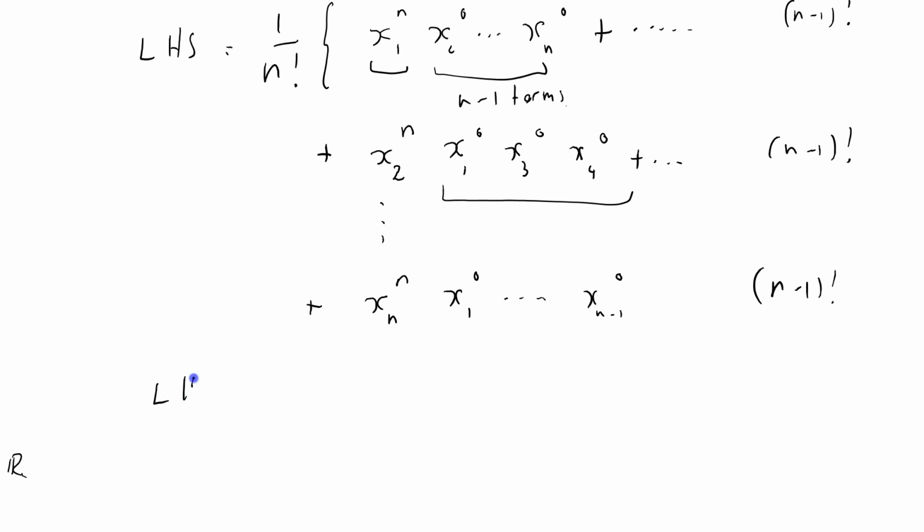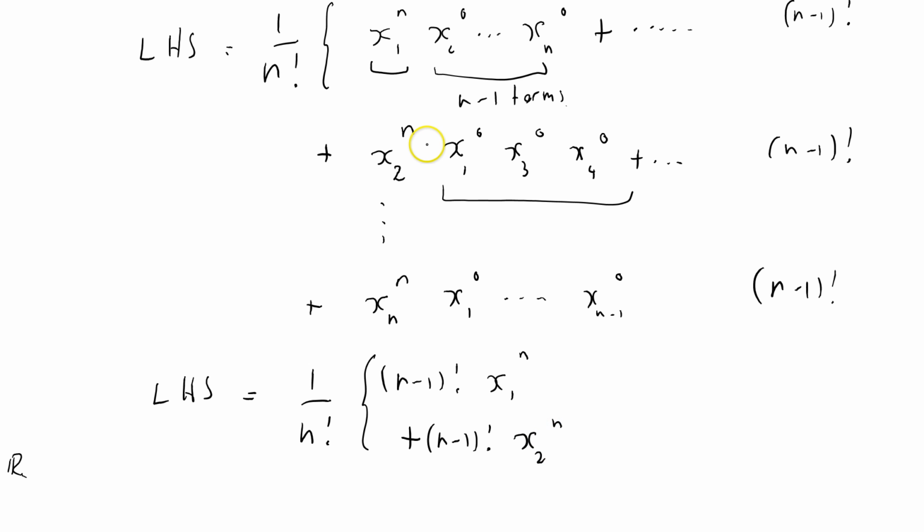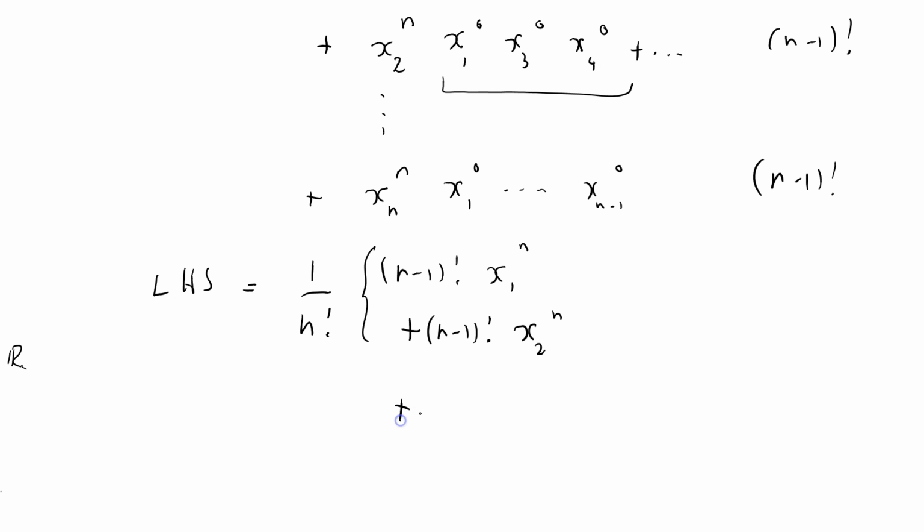So the left hand side equals 1 over n factorial times n minus 1 factorial x1 to the n plus, from this row here, n minus 1 factorial times x2 to the n from that row there, plus all the way through to n minus 1 factorial xn to the n.